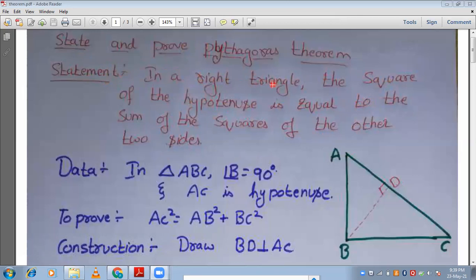Right triangle means one angle must be equal to 90 degrees. I will take a triangle. In this triangle, one angle must be equal to 90 degrees. So this is 90 degrees, and opposite to 90 degrees, this side is called the hypotenuse.